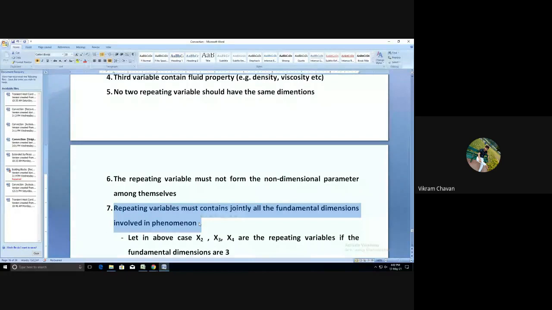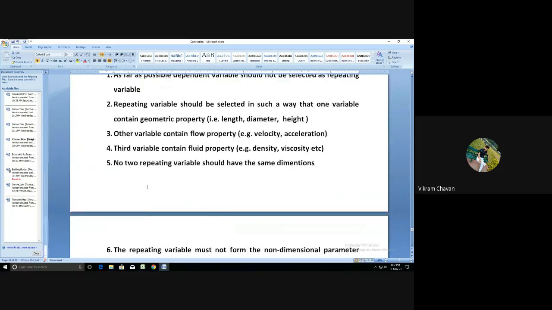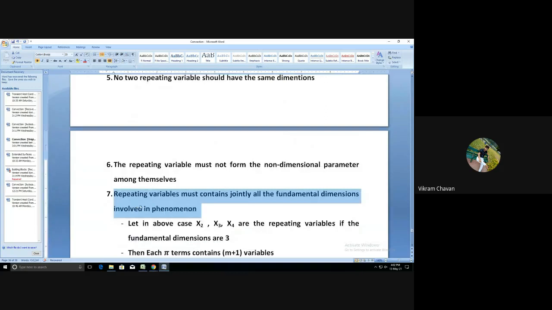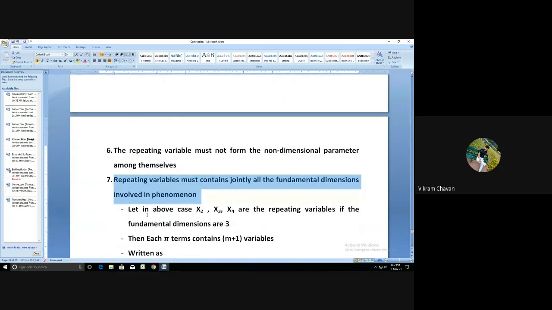So we have to consider all these restrictions or limits for the selection of repeating variables, and then only it will be easy to proceed for a successful dimensional analysis. If you want to do a successful dimensional analysis of a physical phenomenon, then we have to consider all these 7 rules while selecting the repeating variables.